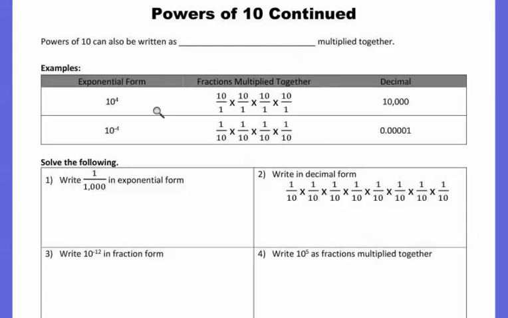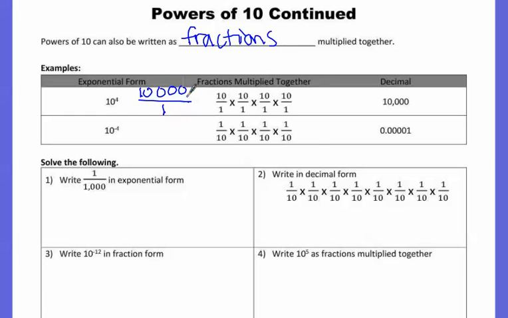Powers of 10 continued. Powers of 10 can be written as fractions multiplied together. In the previous page, we talked about how 10 to the 4th as a fraction would be written as 10,000 over 1.